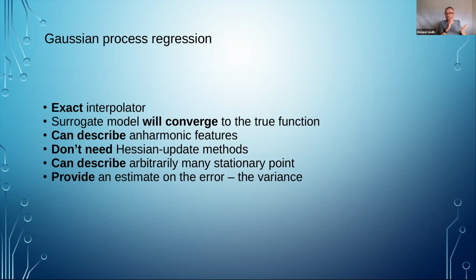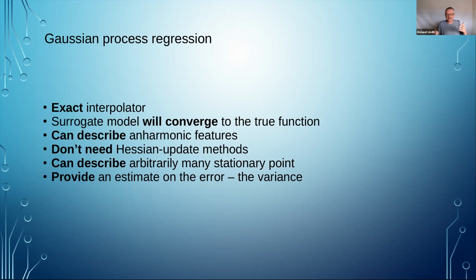Any data you have computed before, the surrogate model can represent exactly. And as we add more and more data to the model, the surrogate model will converge to the true function. That is, it can describe anharmonic features. Furthermore, it doesn't need any Hessian update method.